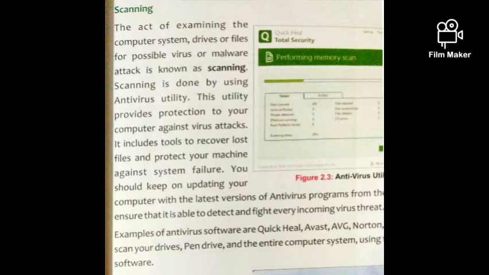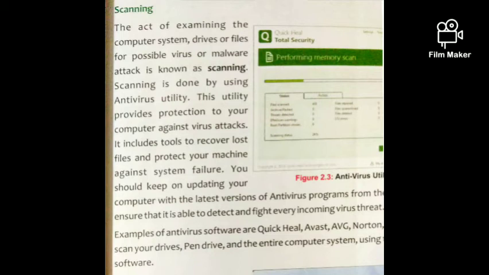Now, these viruses can attack your different drives. The drives are where we store the information and through which we operate the total computer system.